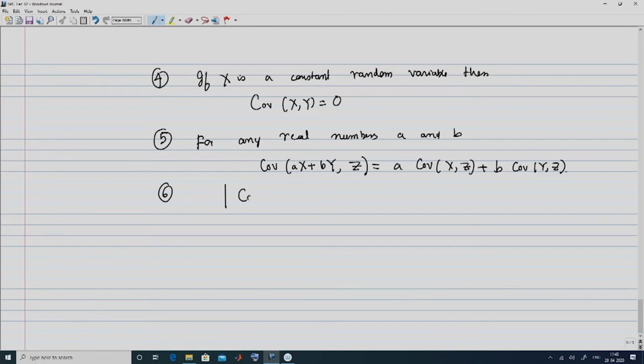Finally, one property is that the absolute value of covariance of X and Y is less than or equal to the standard deviation of X into the standard deviation of Y.